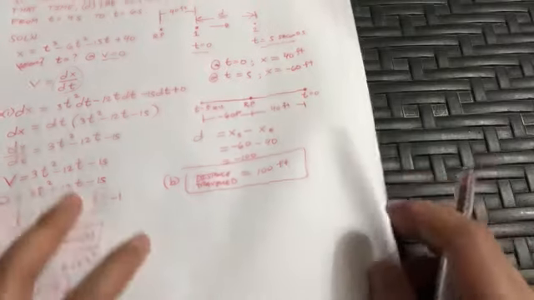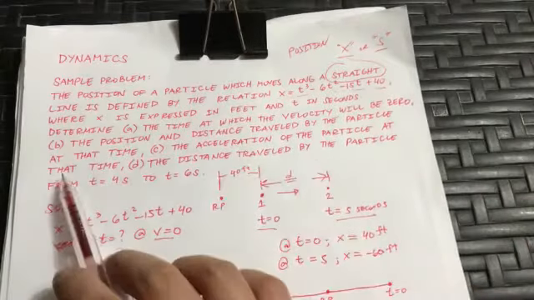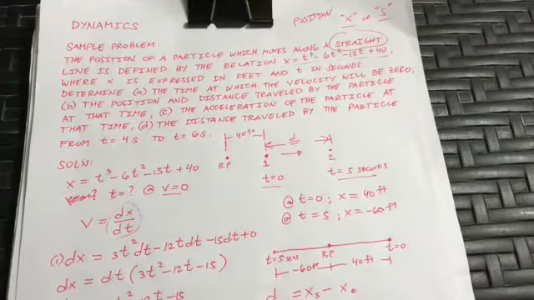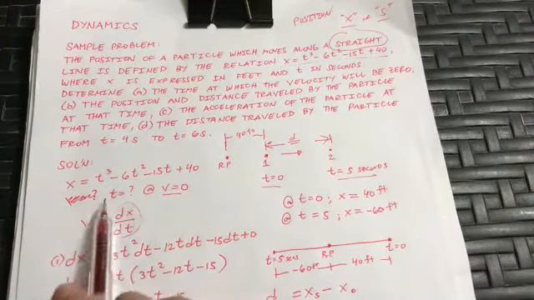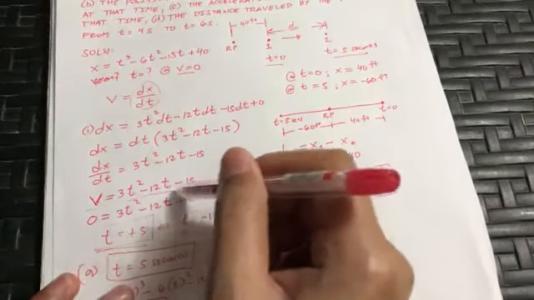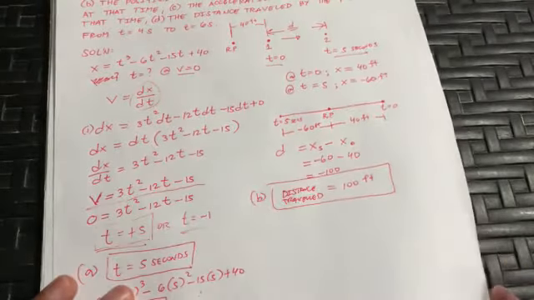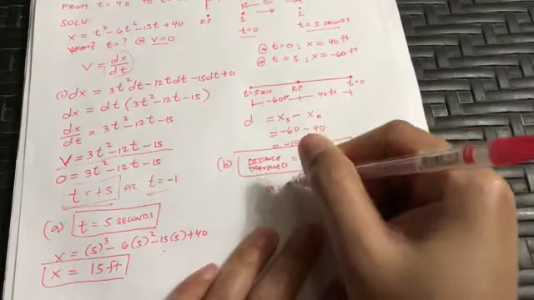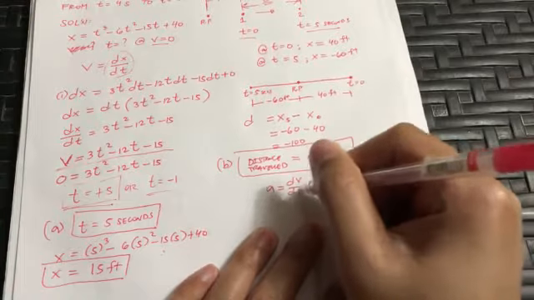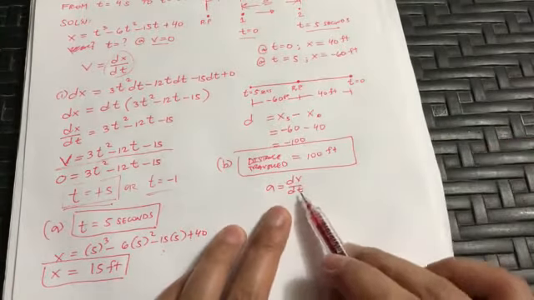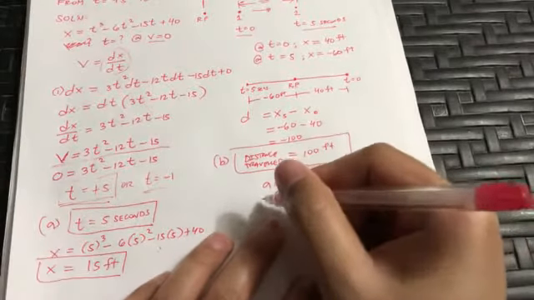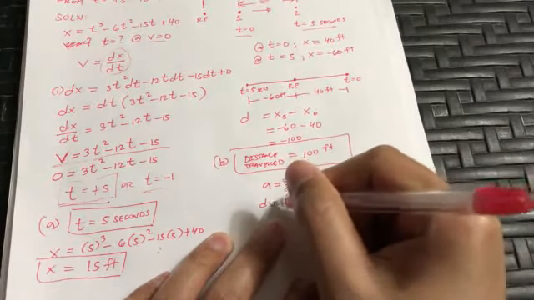Now the next question is the acceleration of the particle at that time. So we need an equation that has acceleration and time. We already have our equation for the velocity, and we know that acceleration is equal to the derivative of velocity with respect to time. So simply derive here dv.